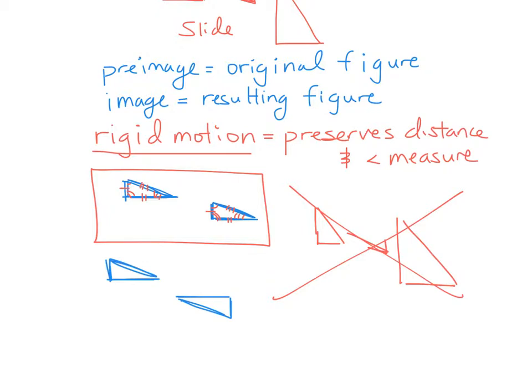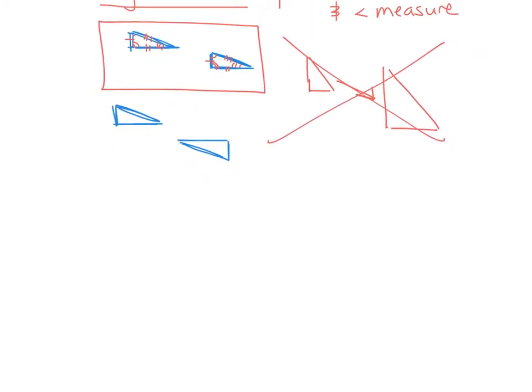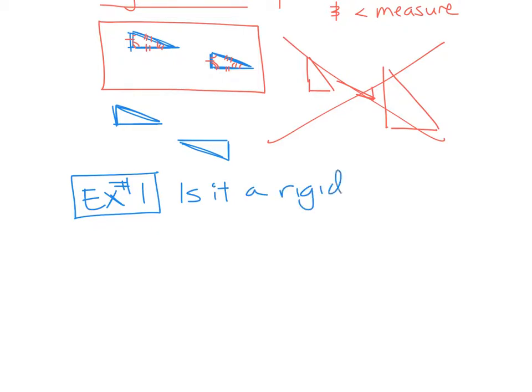Okay, so first example. The question is this: is it a rigid motion? And you might hear at times they'll talk about an isometry.